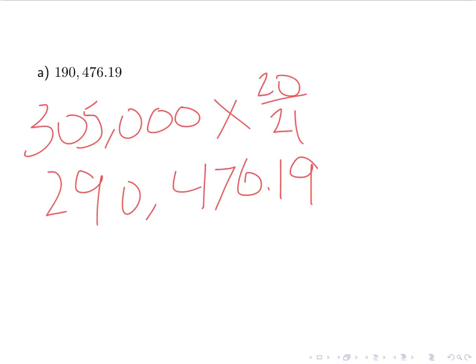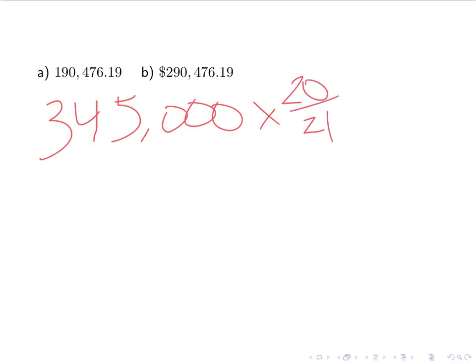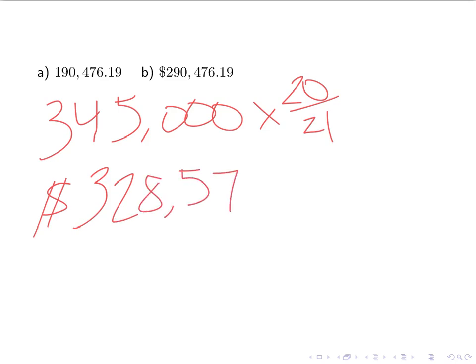This one's the smaller amount, so that's how much I'm going to get paid out for B. And for C, it was $345,000. I multiply that by 20 out of 21 and I get $328,571.43. That number, however, is bigger than my face value. So for C, I'm only going to get my face value, which was $300,000.